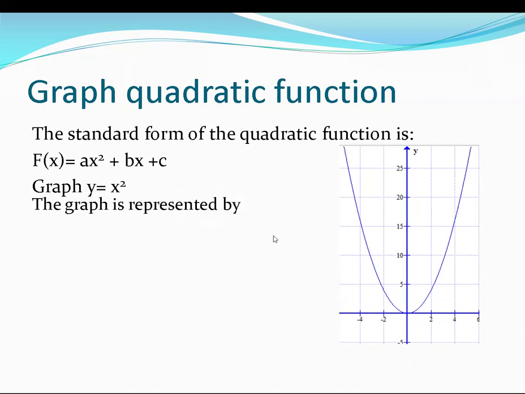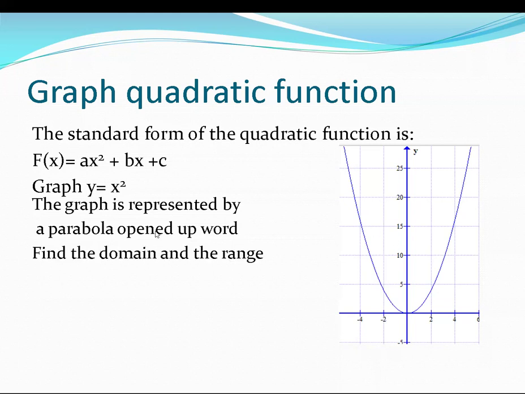The graph is represented by a parabola opening upward, because the coefficient of x squared is positive. Find the domain and the range. Domain: real numbers, from negative infinity to positive infinity. Range: from 0 to infinity.